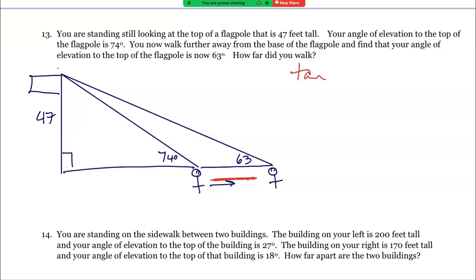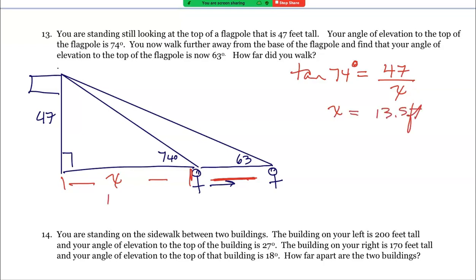The tan of 74 equals opposite, which is 47, over, we'll call that x. So we'll call this x from here to here. You're in degrees, two-step problem, solve for x, and you end up getting x is 13.5 feet.